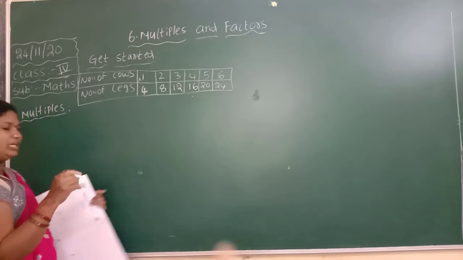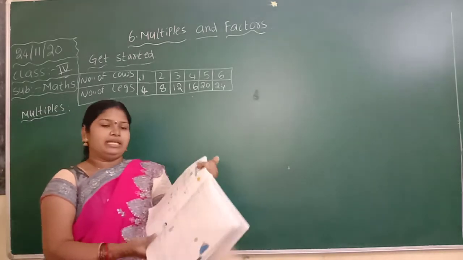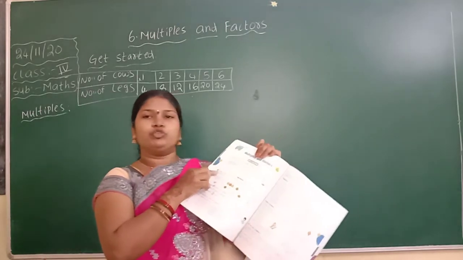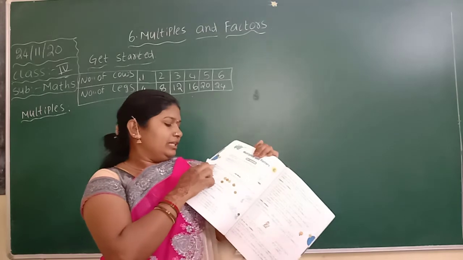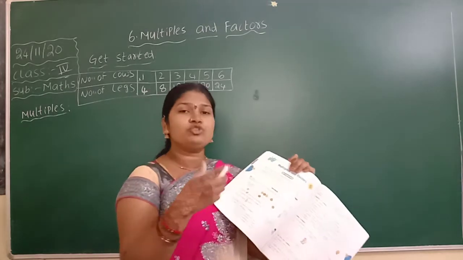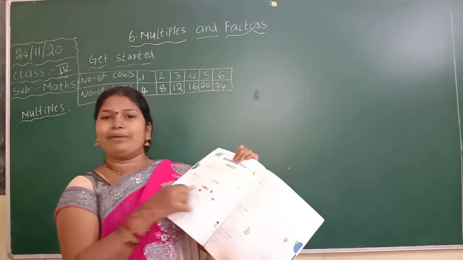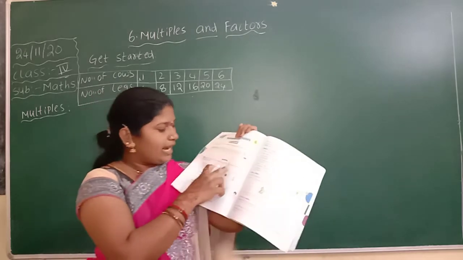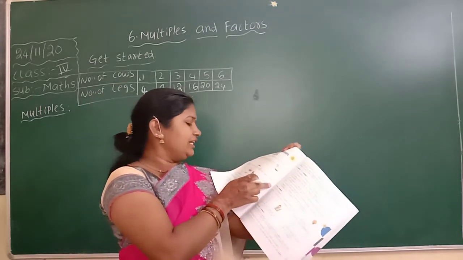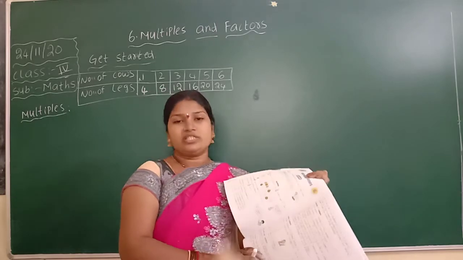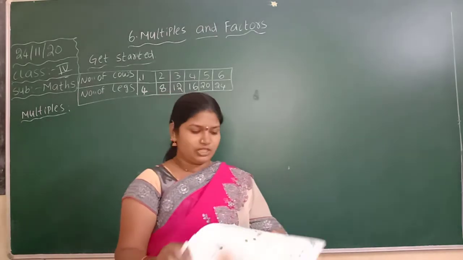What do we mean by multiples, children? Here they have given a frog and a rabbit. The frog jumps 2 steps at a time starting from 0, and this rabbit jumps 3 steps at a time starting from 0.